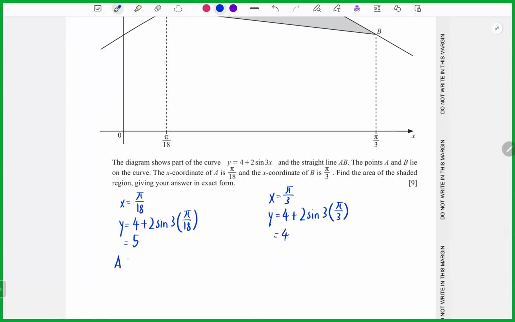So your coordinate of the A is pi over 18, 5. Your B is pi over 3, 4.